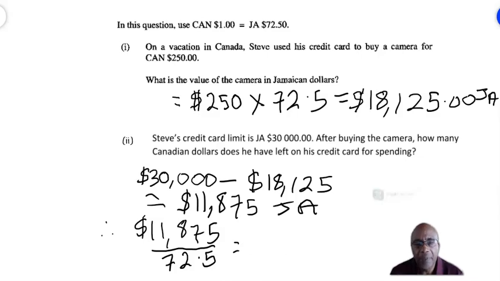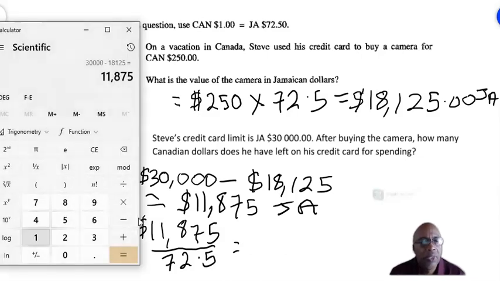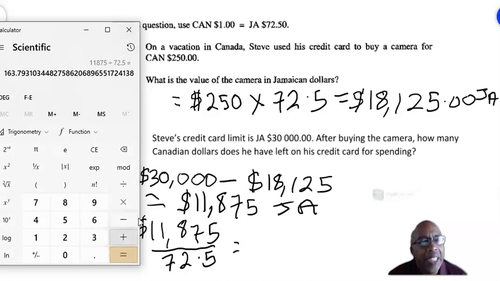So calculator again, 11,875 divided by 72.5 equals, and you get $163.79.